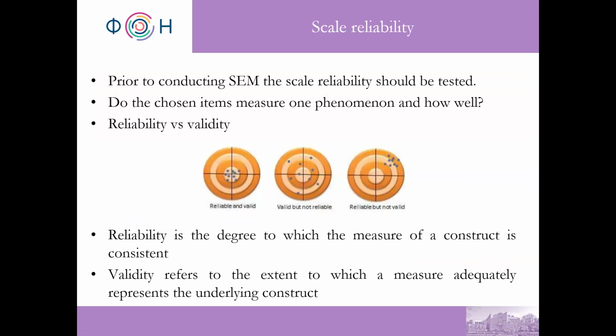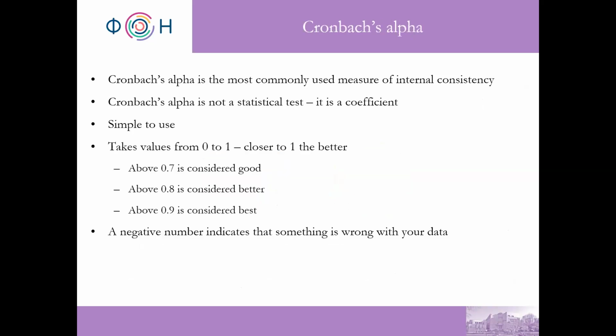So, as we said, prior to conducting a SEM analysis, there is a need to do scale reliability. We need to see whether we can actually group our variables into a latent variable. To measure scale consistency, most commonly Cronbach alpha is used.